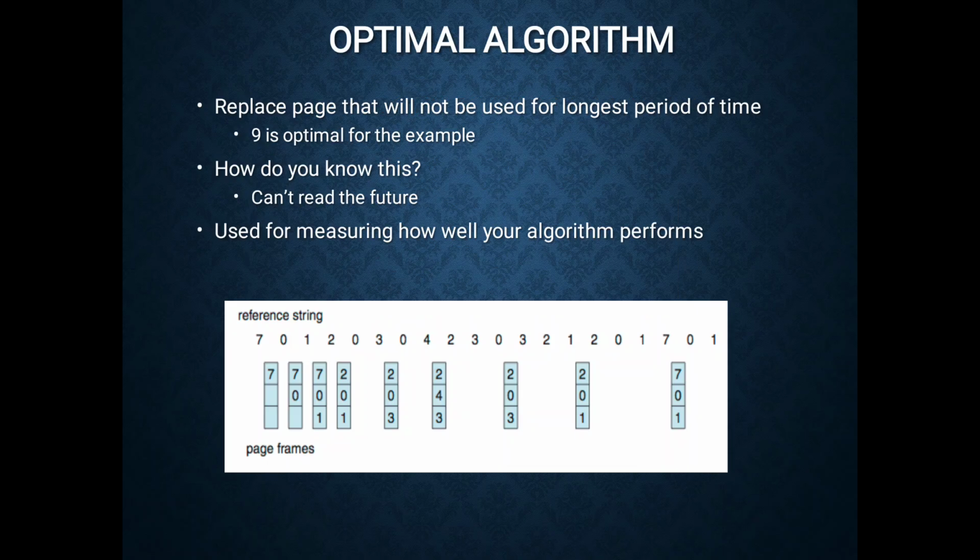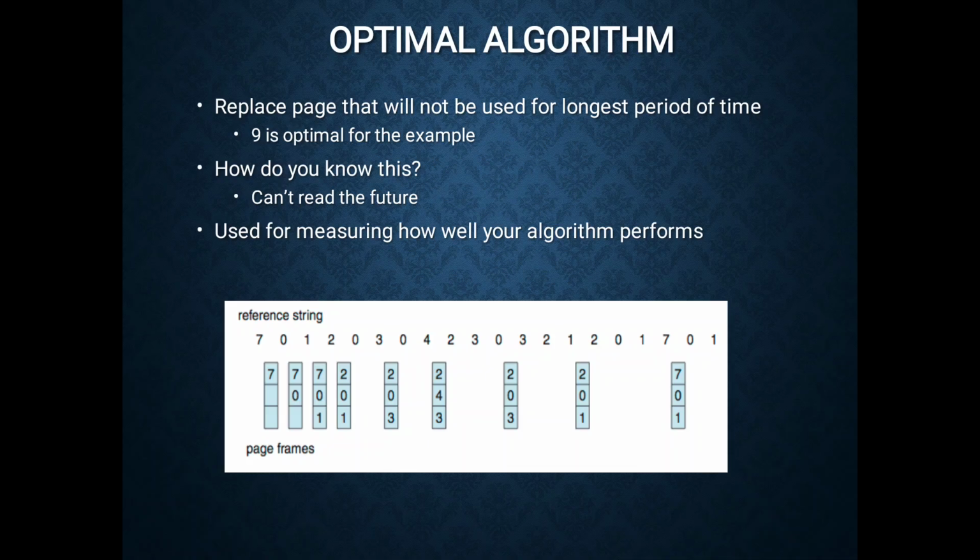In the optimal algorithm, we replace the page that will not be used for the longest period of time. First 7 is placed, then 0, then 1, then 2, which replaces the 7. Then 0 is already available.